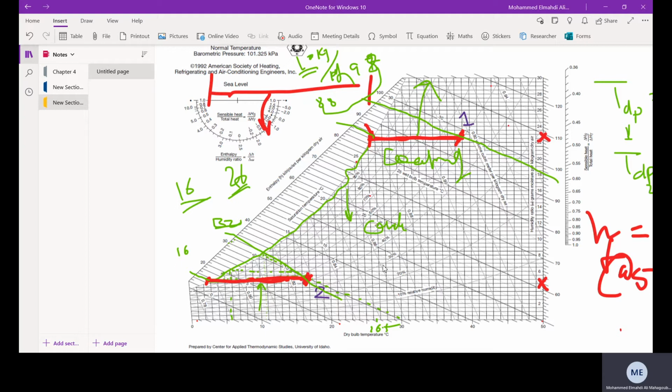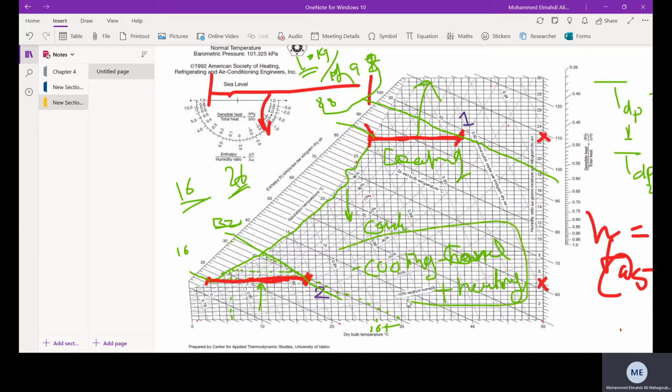So what is the net heat transfer? It is gonna be the cooling, minus the temperature lost from the humidification, from the condensed, and then plus the temperature coming from the heating. So that's what we need to do.